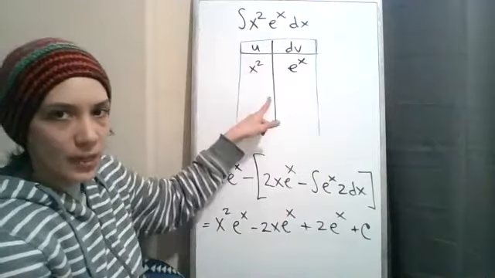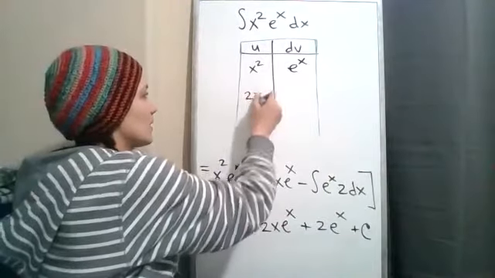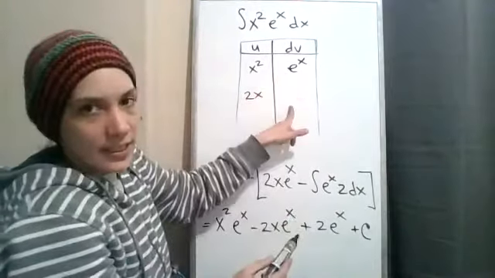Our derivative will give you 2x. And then integrate to get e to the x.